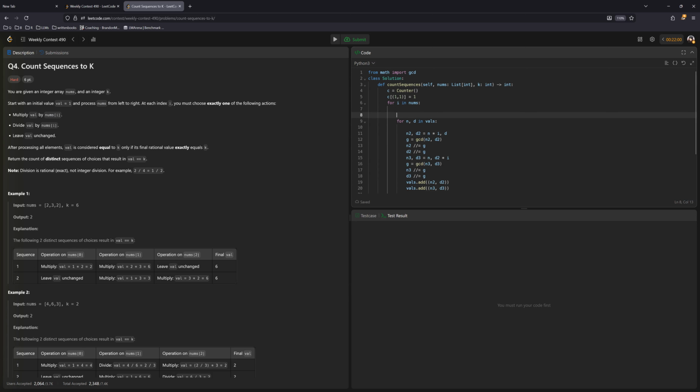Okay, so C last equals C.copy, shallow copy, right? And then n comma d is going to be the key, and then cnt is going to be the count for C last.items.